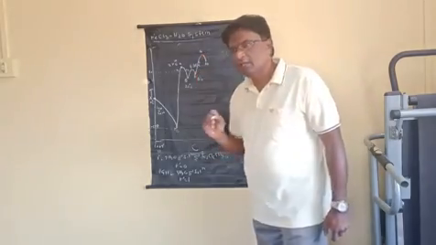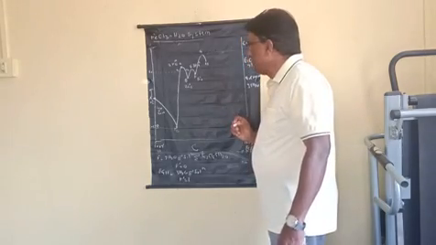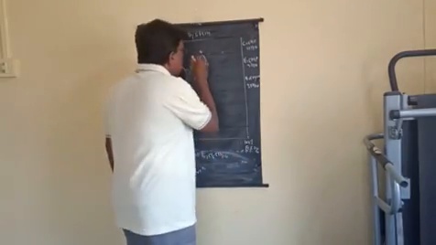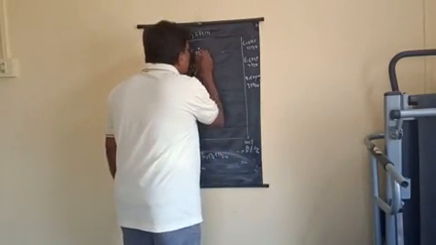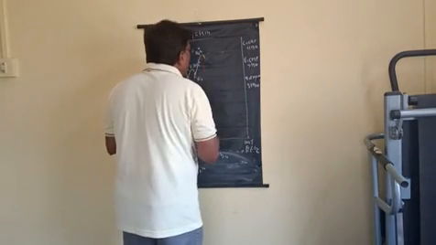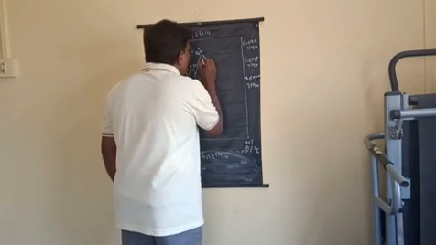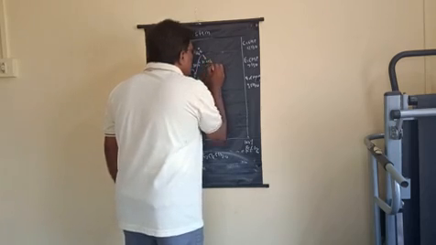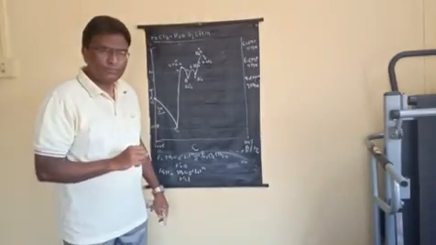Here the degree of freedom is 0. Now the temperature of this G is 56 degrees centigrade, and the temperature of this H is 55 degrees centigrade.